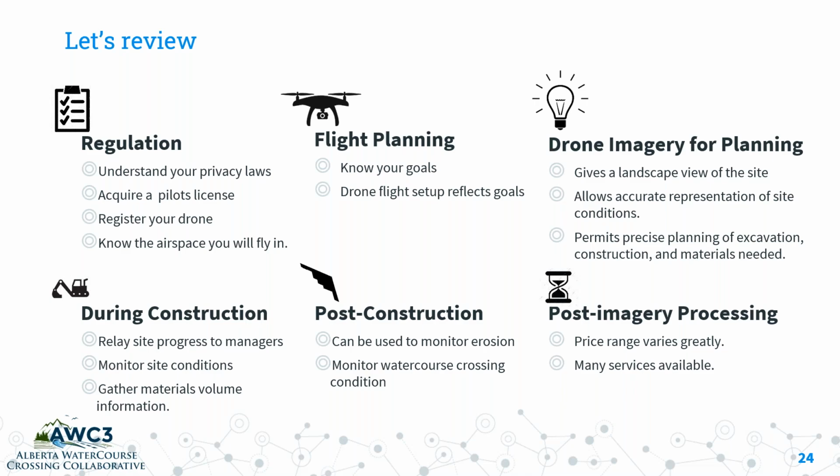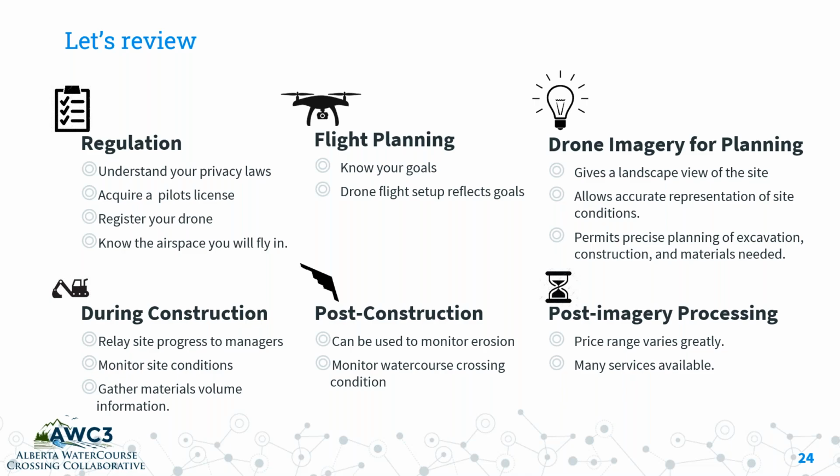When we talk about flight planning, essentially you've got to know your goals and you need to set up your drone flight to reflect those goals before you go out. Drone imagery, I think, for watercourse crossings is at its strongest in the planning stage, in that it allows you to get an accurate representation of the site conditions, and allows the precise planning of construction materials needed, what considerations you need to make in terms of utilities, and that type of stuff.